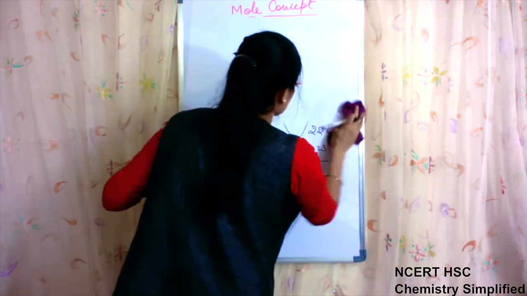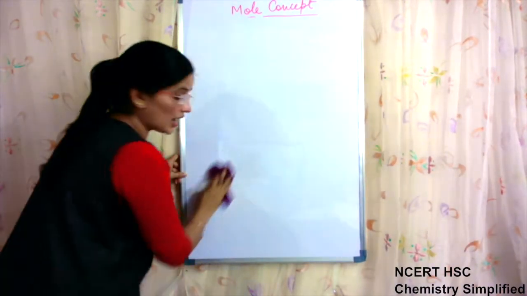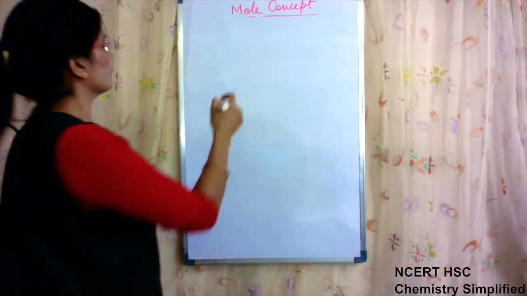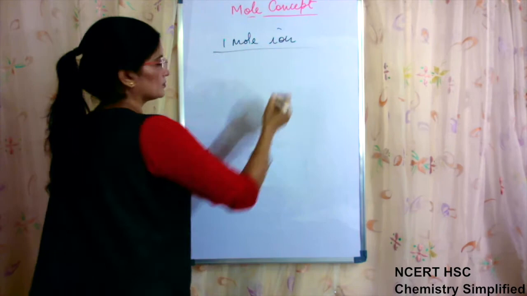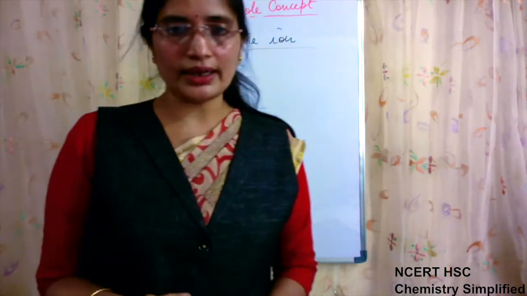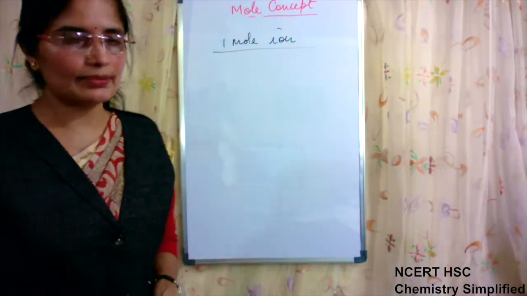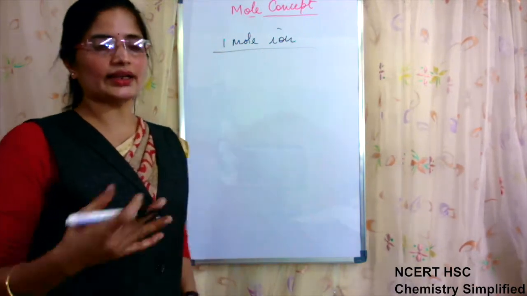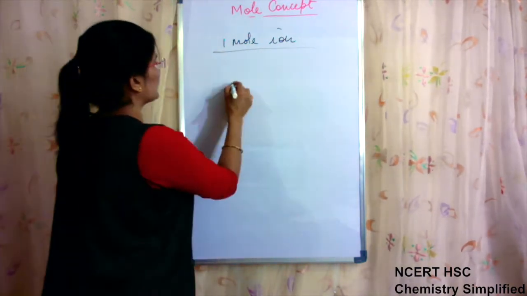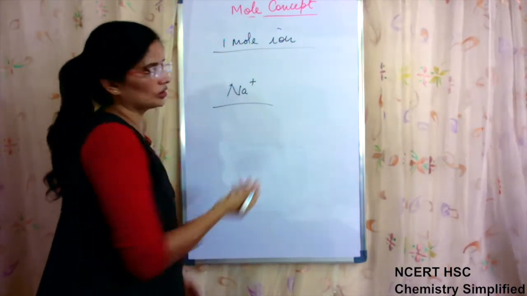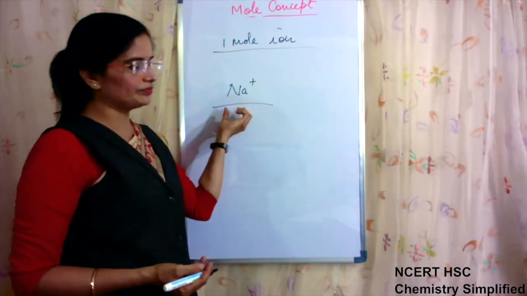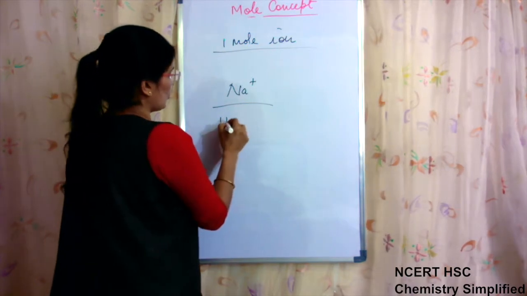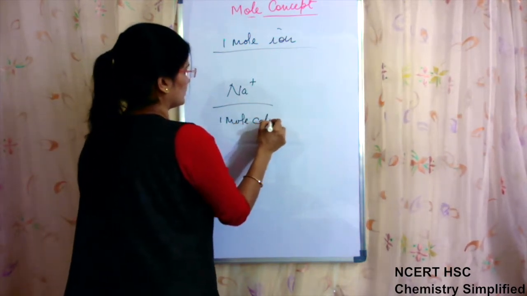Similarly, the same term can be used for ions also. Just as we said 1 mole atom, as we said 1 mole molecule, similarly 1 mole ion, cation, anion. If I write Na positive on the board, that means this is 1 mole cation.